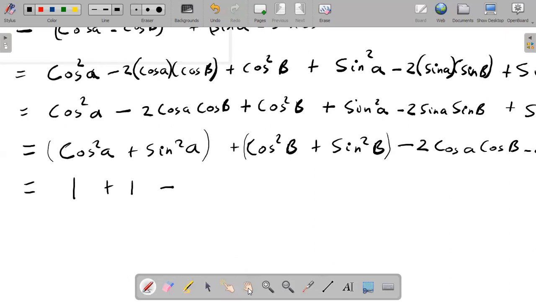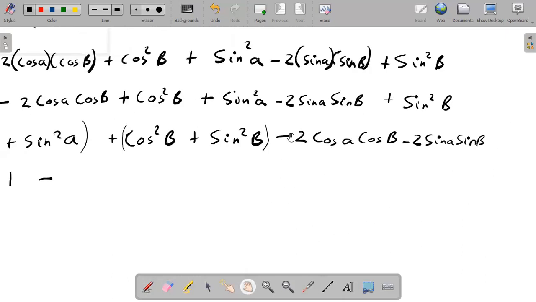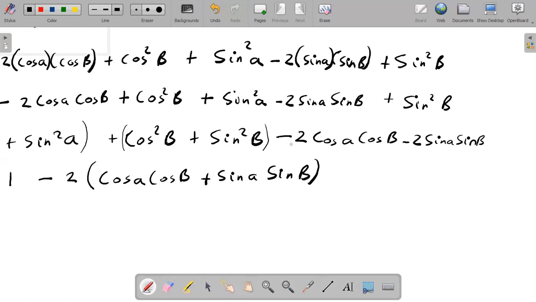Minus, so let's take advantage here of what we are seeing. We see a common factor, minus 2. So let's just factor it out. If we factor out the common factor, minus 2 bracket, what do we end up having? We end up having cos alpha cos beta plus sine alpha sine beta, having factored out the common factor, which is minus 2.